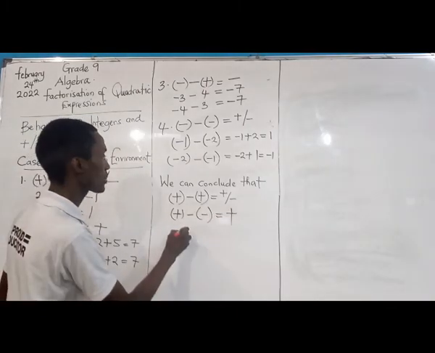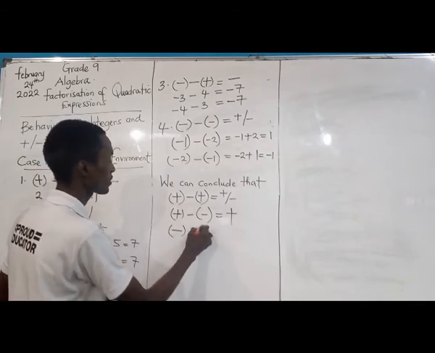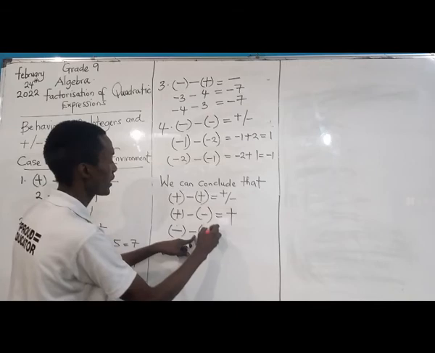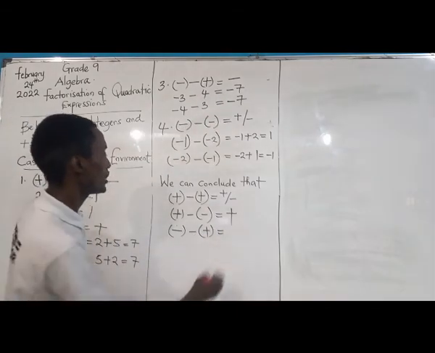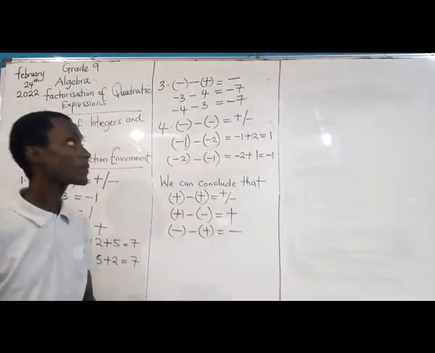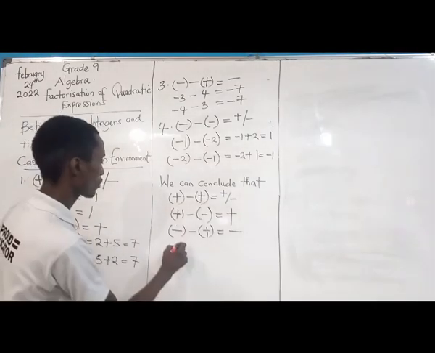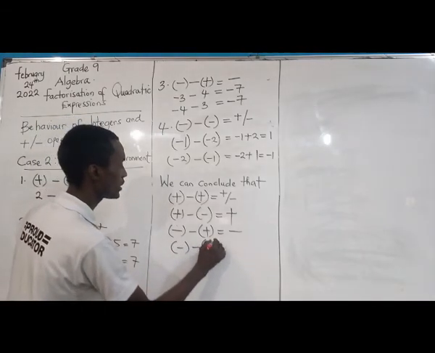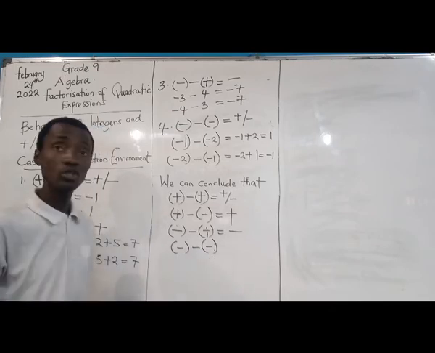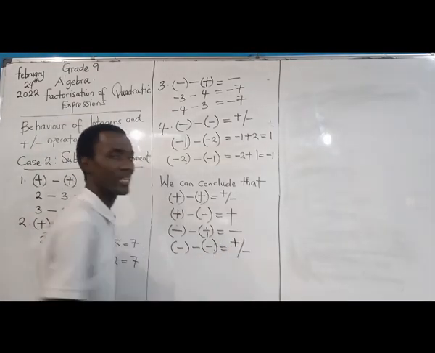And also if we have negative minus a positive, my answer will be negative. Must always be negative. And we can conclude that when I have a negative and I remove a negative from it, my answer is also what? Indeterminate. So I'm going to have either a positive or a negative.